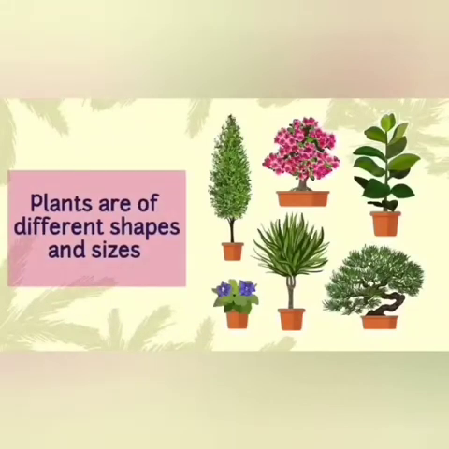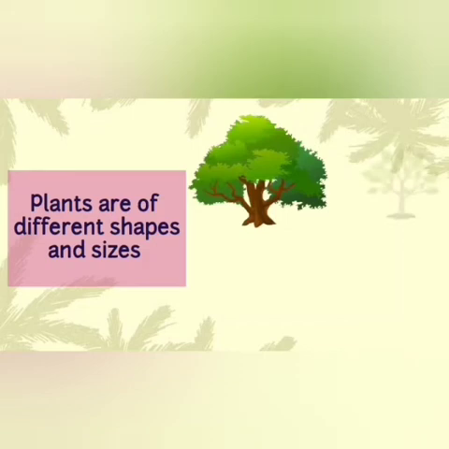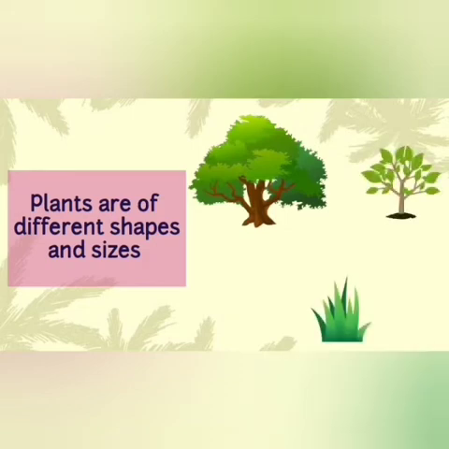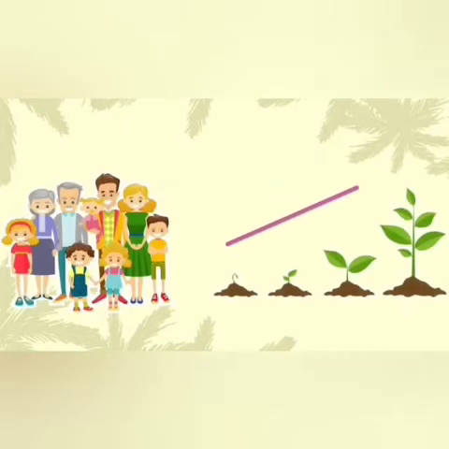Plants are of different shapes and sizes. Some plants are big and tall, some are short and small, and some plants are very small, and together they make the plant kingdom. Just like us, plants also grow and need air to breathe.